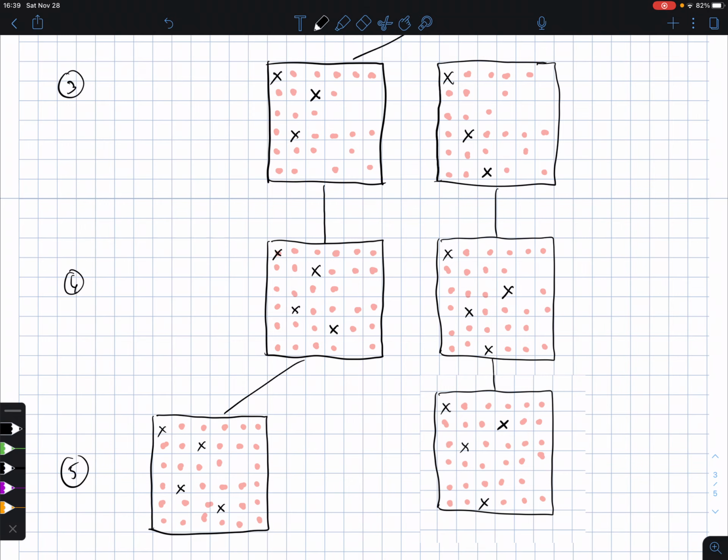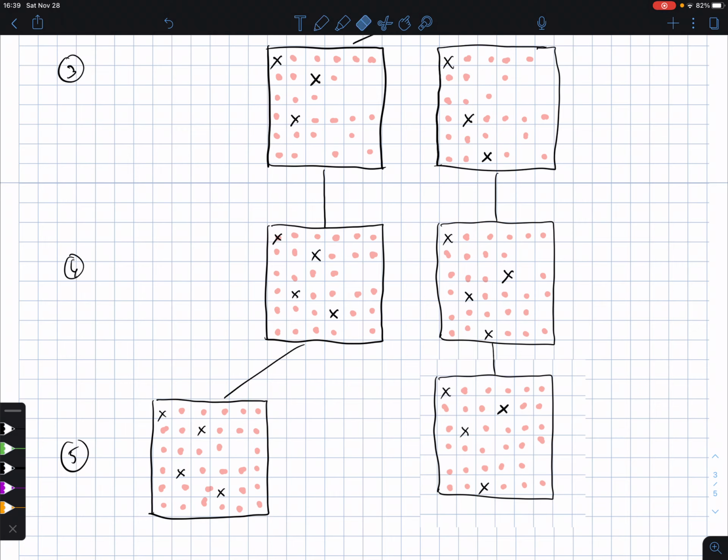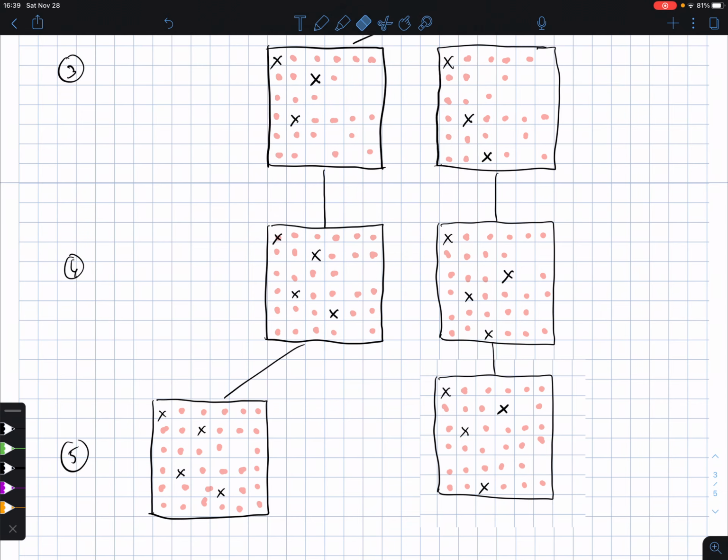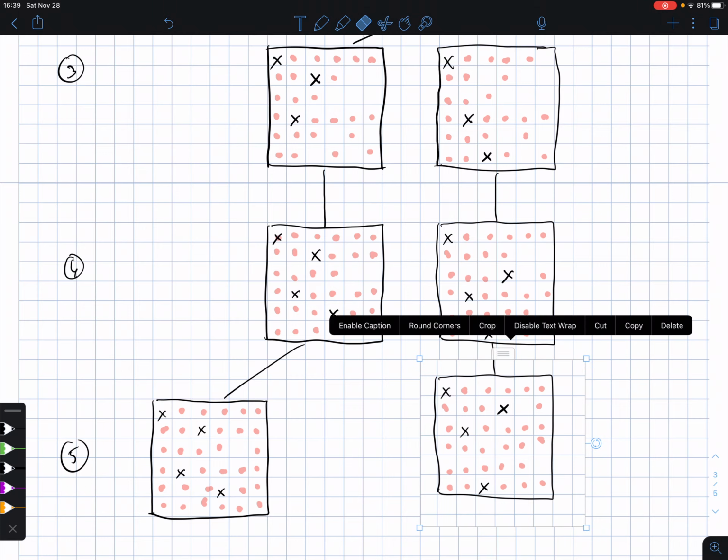So if this doesn't work, I have to backtrack again. So let's erase everything here. Why is it not erasing? Oh, this was a picture. That's why I cannot erase. Pictures cannot be erased for some reason.